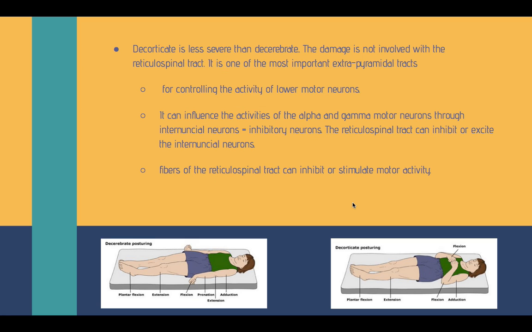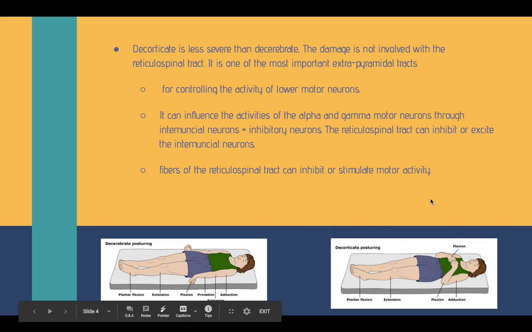So in comparison, the second symptom, decorticate, is less severe because the damage does not involve the reticulospinal tract, which is one of the most important extrapyramidal tracts, and it controls the activity of the lower motor neurons and influences the neuron through the interneurons, which are inhibitory neurons.